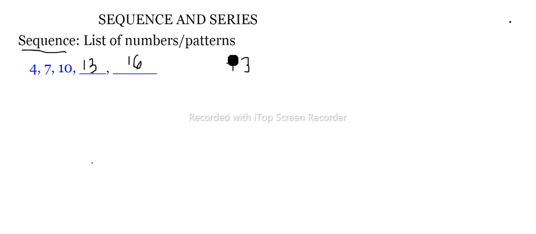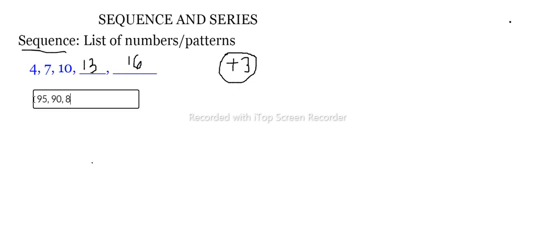So that's the sequence. So there are some different types of sequence. We have some where you keep adding a number. There are some where you may need to decrease the number. Take for example, if I have something like this, 95, 90, 85. If you look at this pattern, I'm reducing the terms by 5.